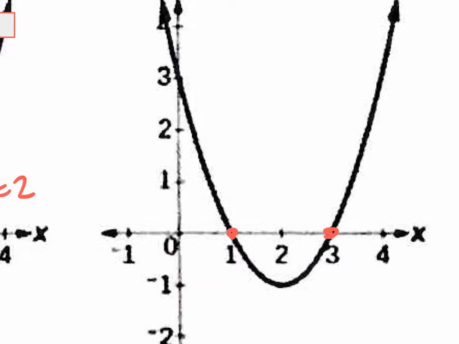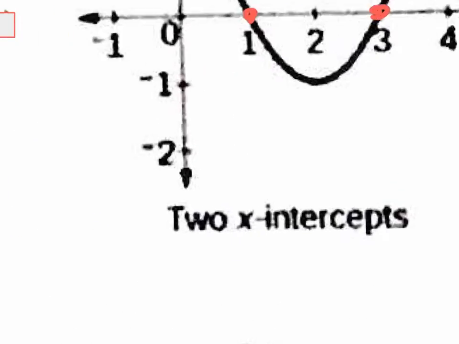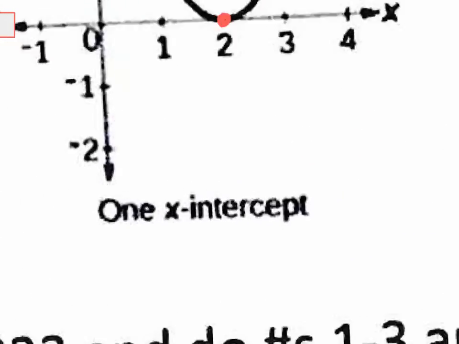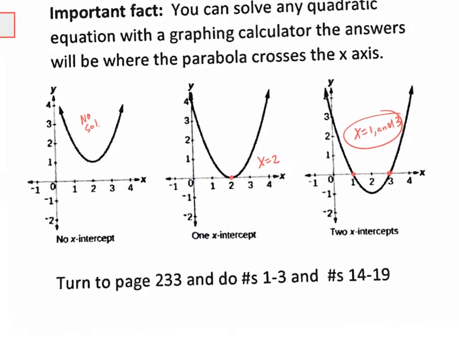You could use a graphing calculator to solve any quadratic equation, and wherever it crosses your x-axis, that will be your answer, or answers. So you could get x equals 1 and 3 in this case. So down here it says, oh, there's 2 x-intercepts, there's 1 x-intercept, there's no x-intercept. Remember, x-intercepts means answers, right?